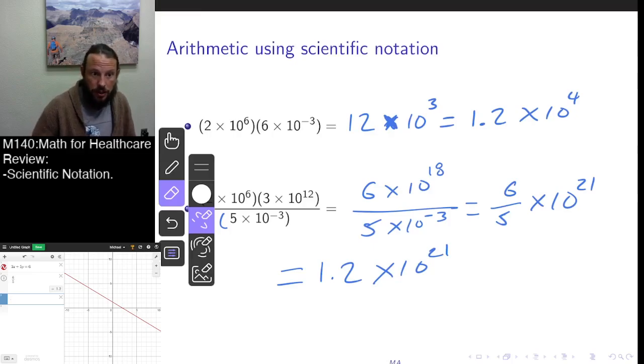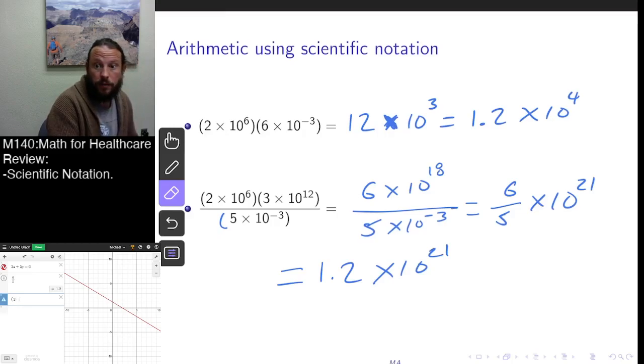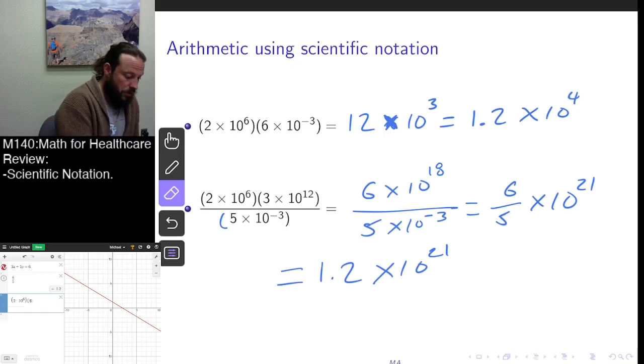And let's just see here to make sure that we get the other one. Make sure it seems correct. Let's just do the first one. 2 times 10 to the 6 times 6 times 10 to the negative 3, sorry.